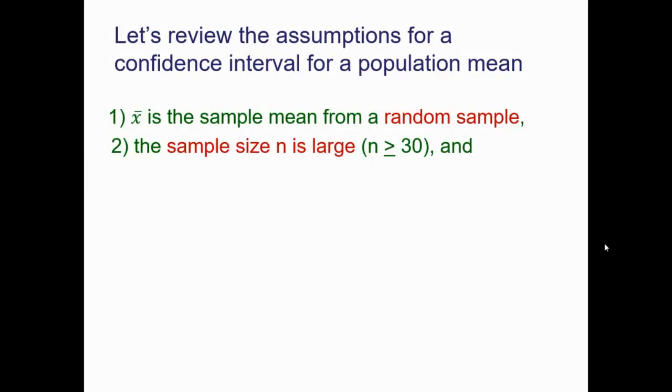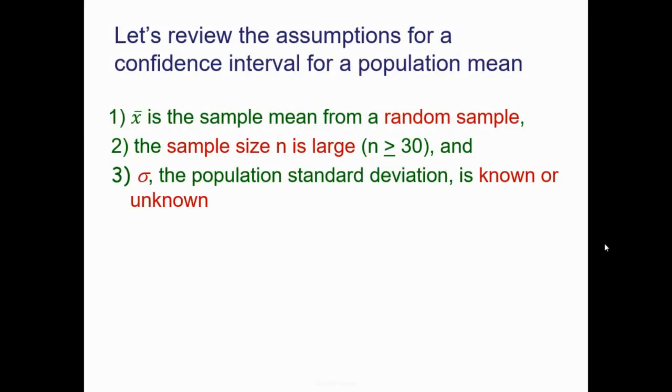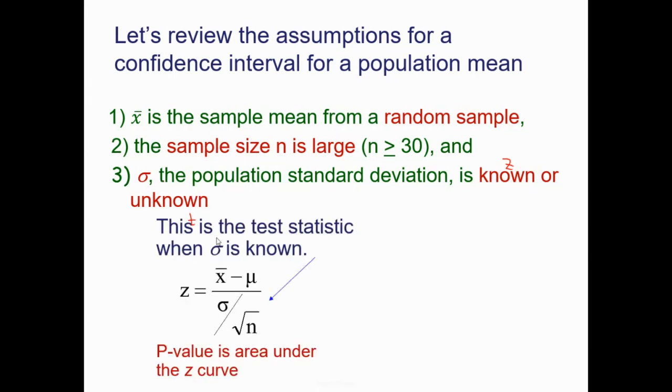And last but not least, we either knew sigma or we didn't. We either knew the population standard deviation or we didn't know it. If we knew it, which would we use, Z or T? If it's known, we use Z. If it's unknown, we use T. That's what this is saying down here.